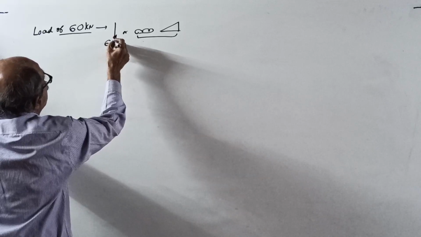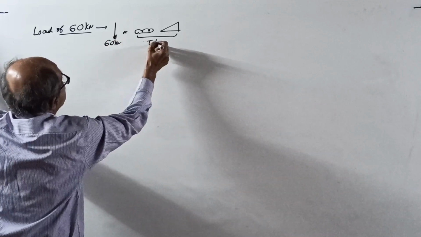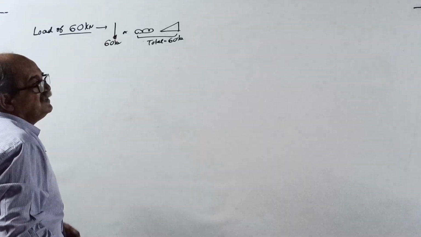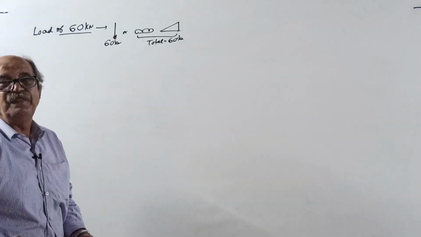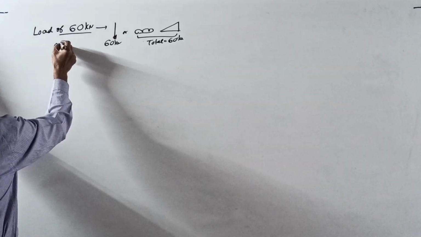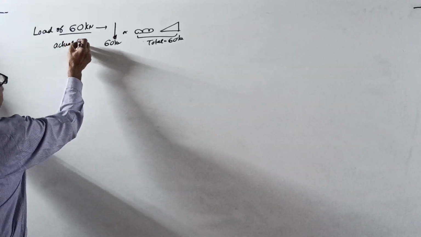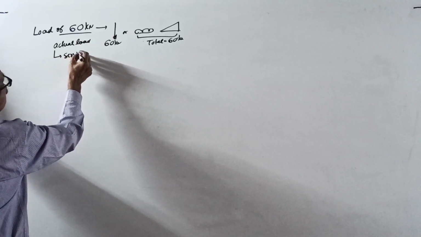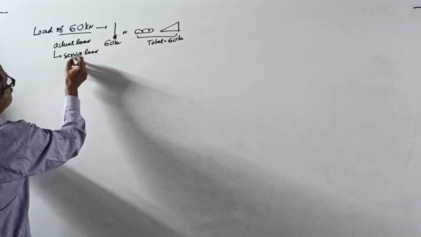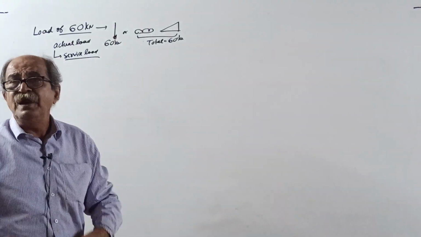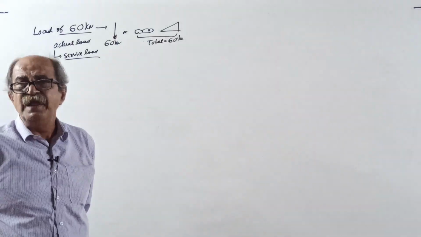Or just imagine a point load only: a load of 60 kilonewton. This is the actual load, or this becomes your service load. This load you want to apply on a member. It can be a beam or anything.